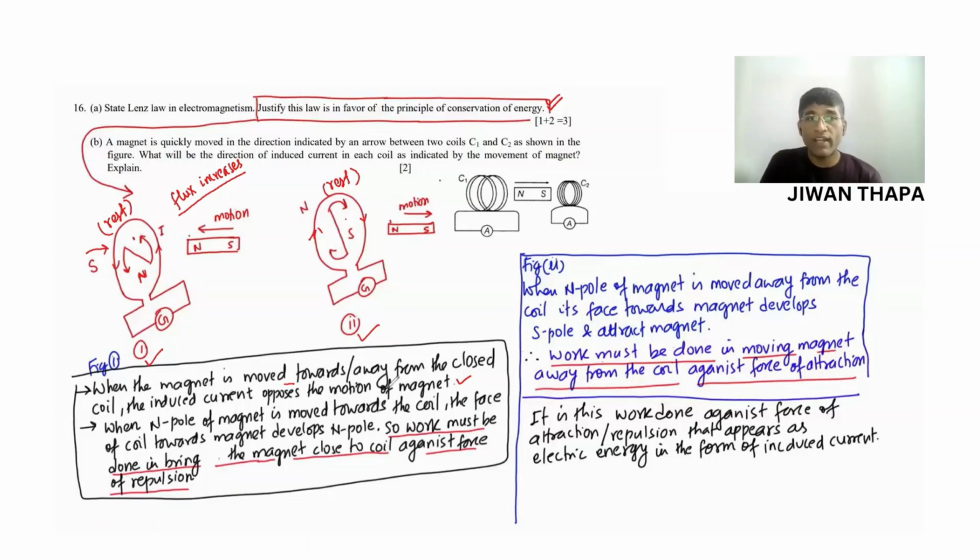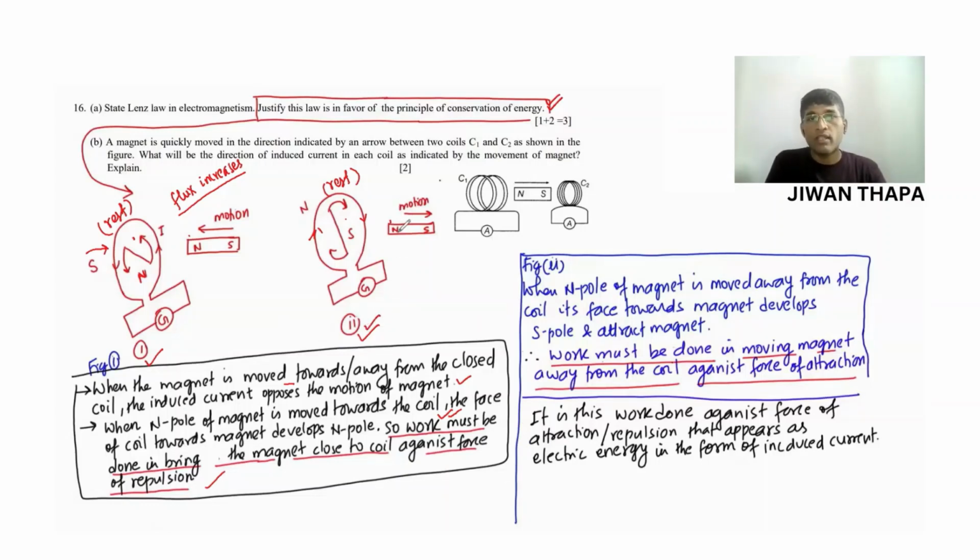So repulsion is produced whenever we move the magnet towards the stationary coil. So work must be done in bringing the magnet close to the coil against the force of repulsion.